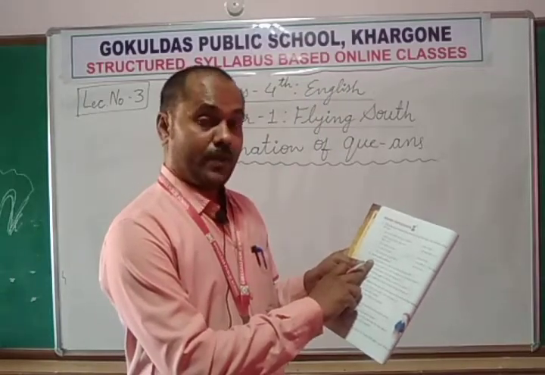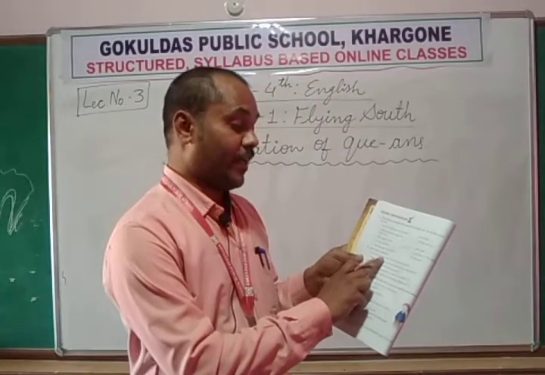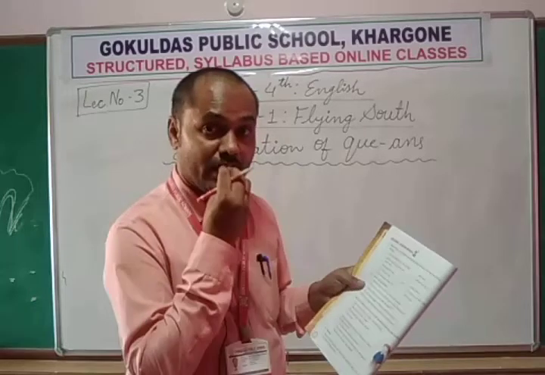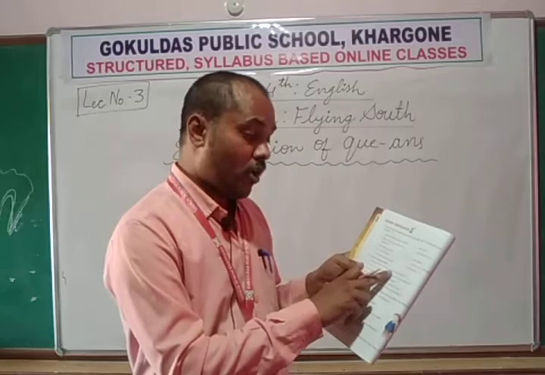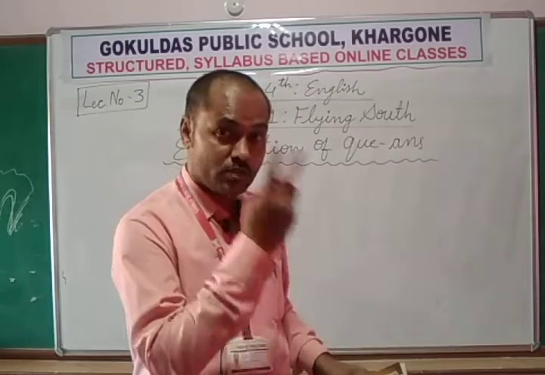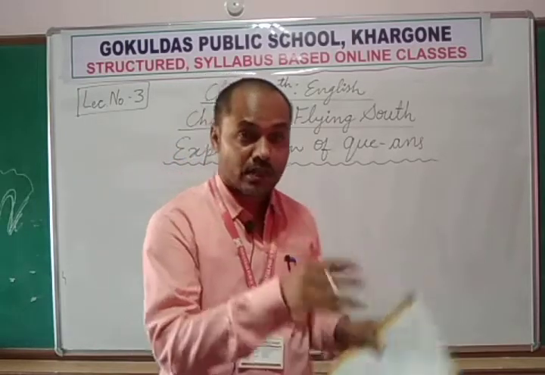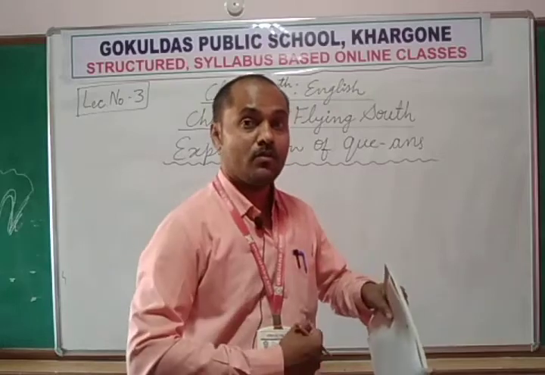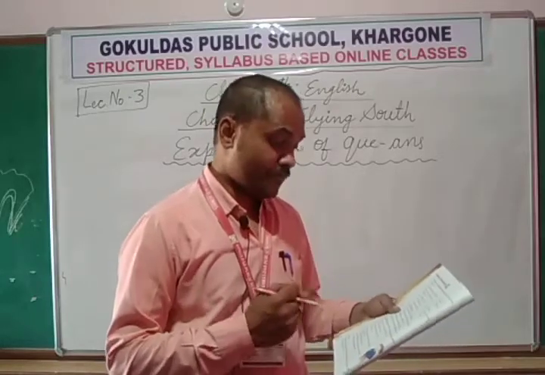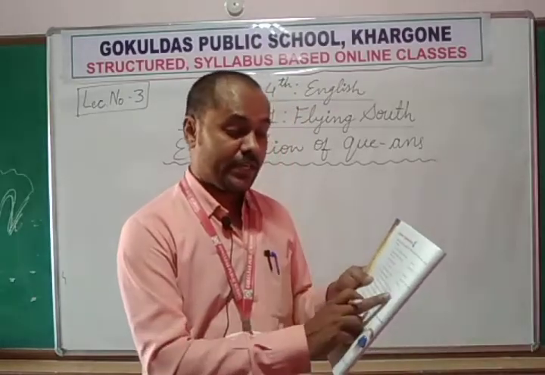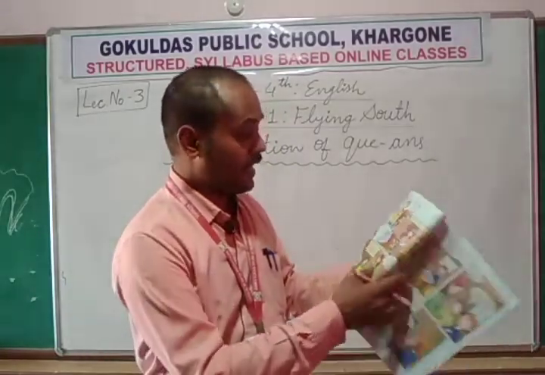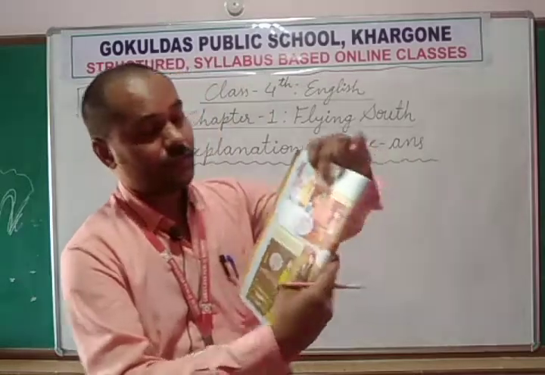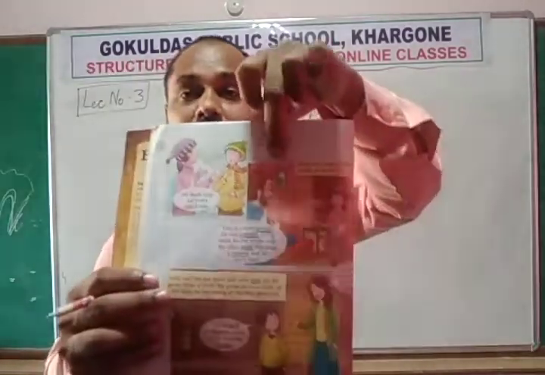Question number 1. What did father say? When he saw the injured goose in the hand of Molly. So for this answer, we need to go in the story, and you will find picture number 3 here.